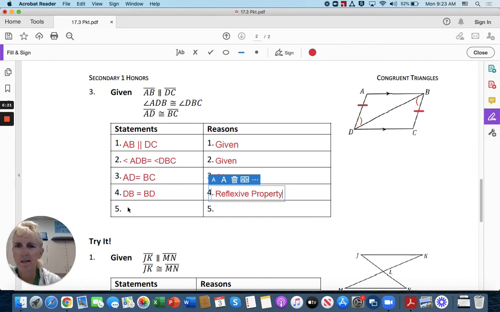Okay, now number 5, we could say that angle ABD, this one right here, is congruent or equal to which one? ABD is congruent to CDB.